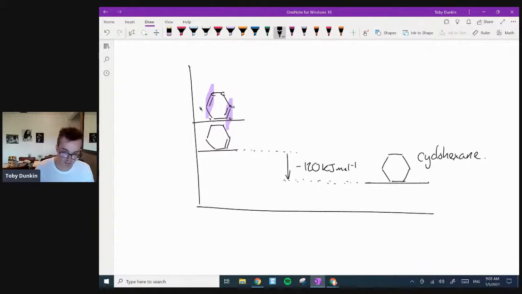Then they're too far apart. No delocalization. So if I now said to Wing Kit, what will be, this is a nightmare, can't rub that out. There we go. I'm going to get rid of the numbers as well, don't need those. So if I said to Wing Kit, what's the enthalpy going to be changed for there, please?